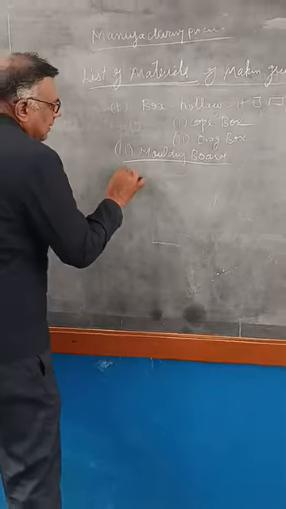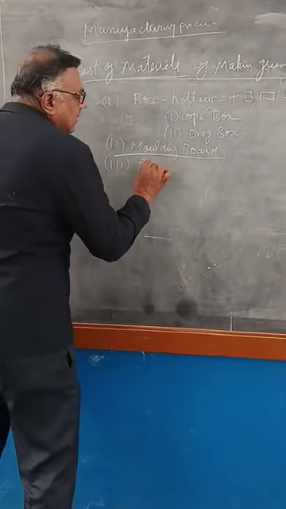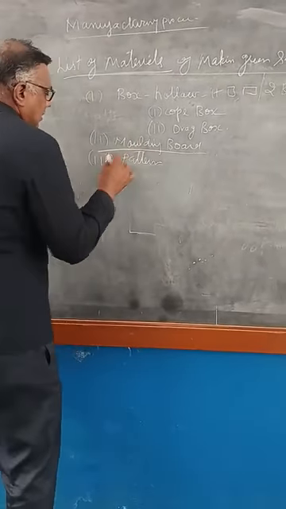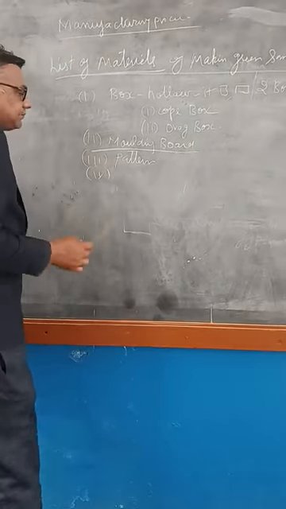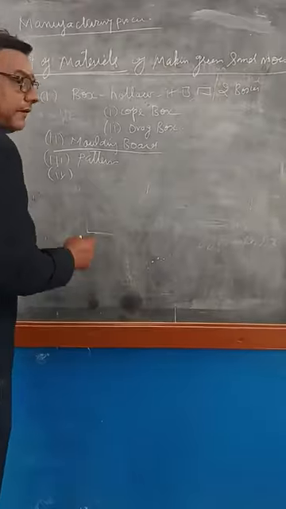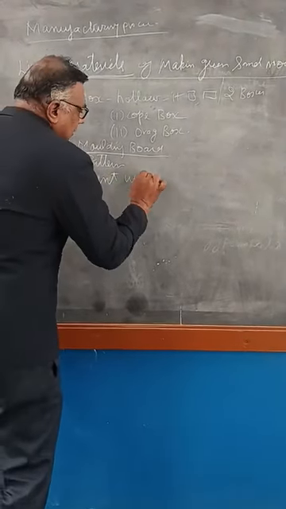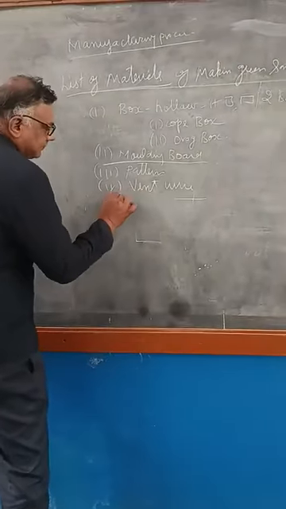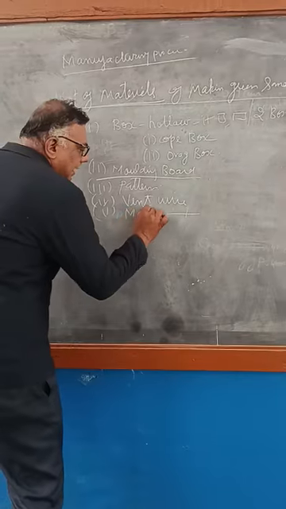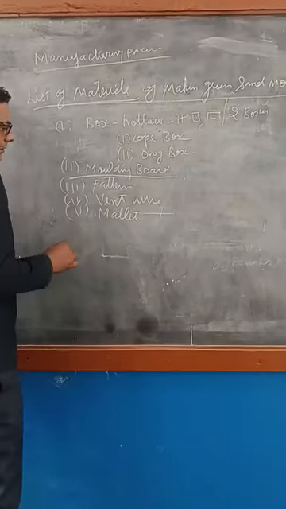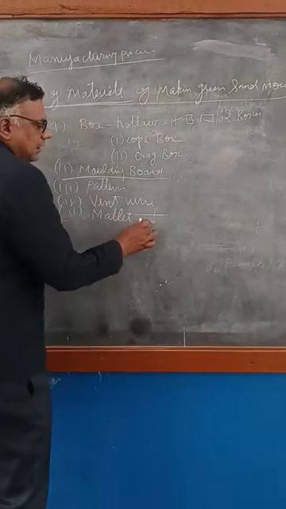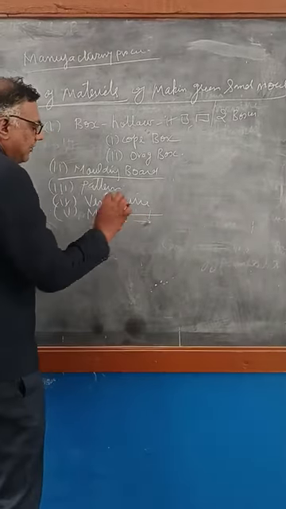Next we need a pattern, a vent wire, and a mallet. The mallet is similar to a hammer and is made of wood.